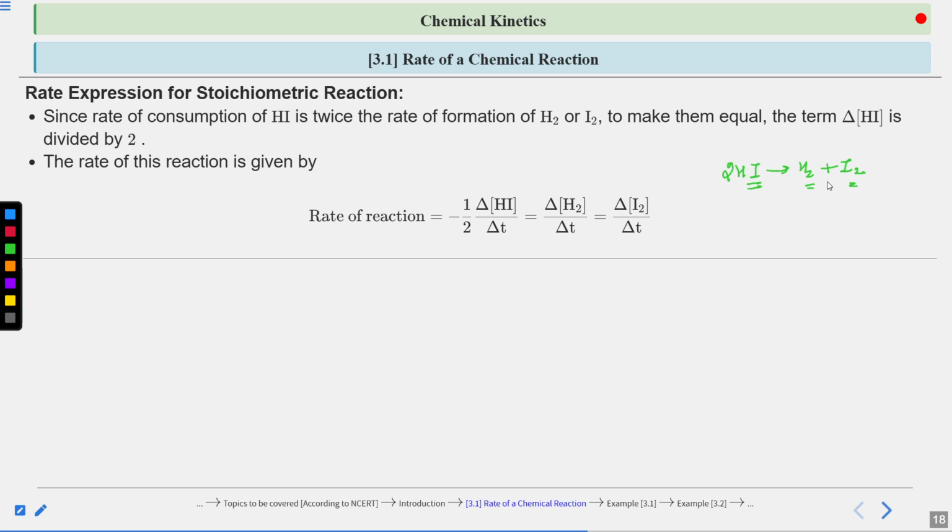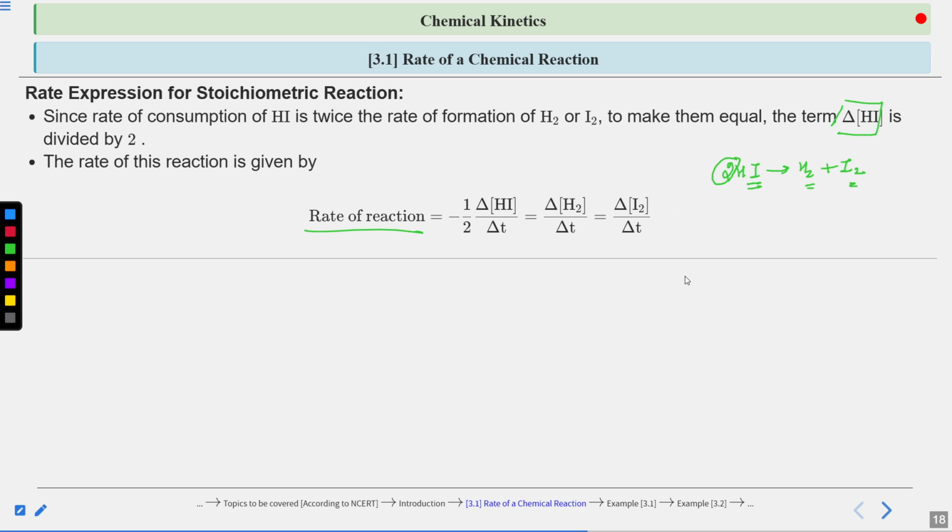So if you want to make them equal, that means the rate of consumption of the reactant and the formation of the product, the term delta of HI you will use, and it will be divided by 2, right? Now you can write the rate of reaction, which will be minus half of... anything which is present as the stoichiometric coefficient of the reactant or the product will go in the denominator of the rate expression.